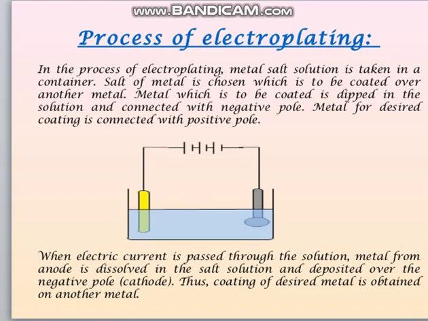Now when we perform this process of electroplating, copper sulfate will dissociate into copper ion. Copper ion will move towards the cathode where it will donate the electron and discharge and then deposit over the iron spoon.